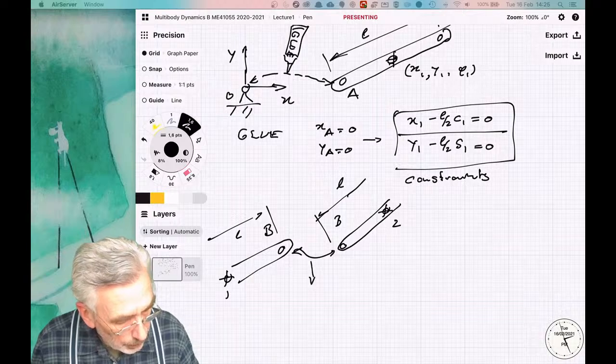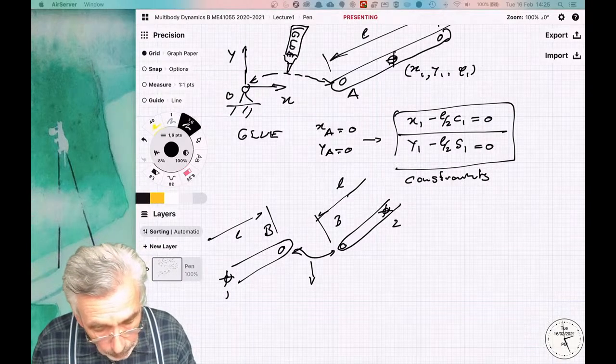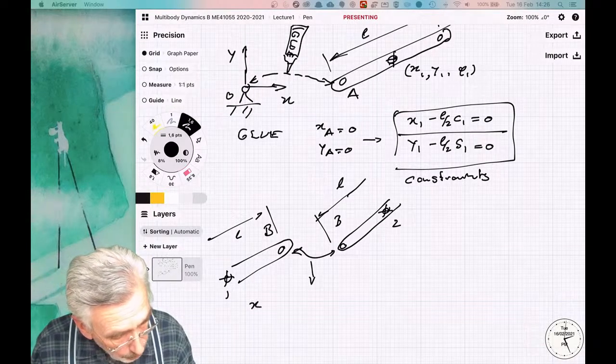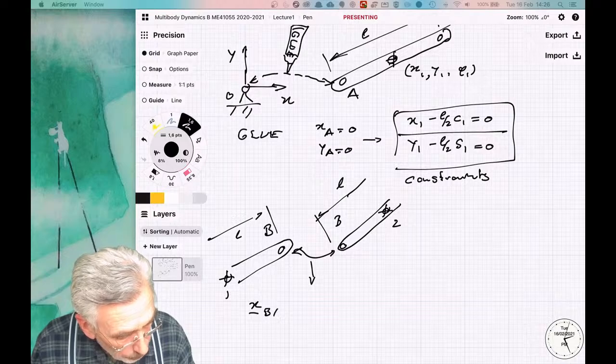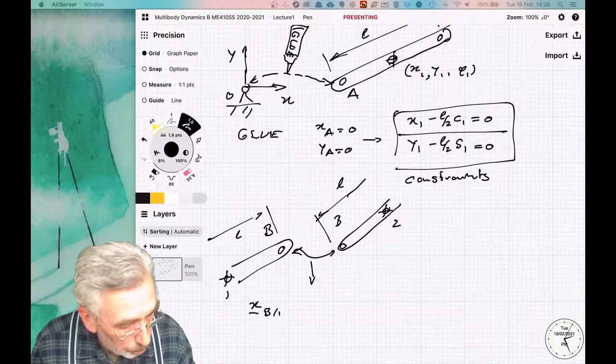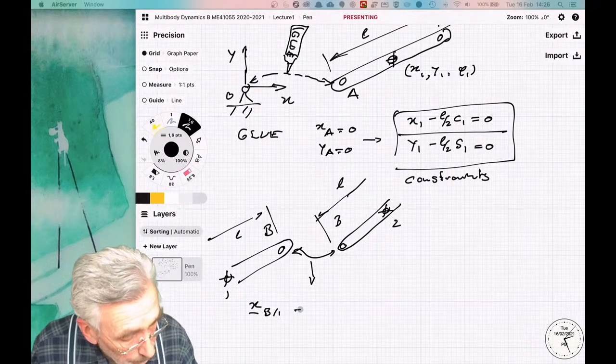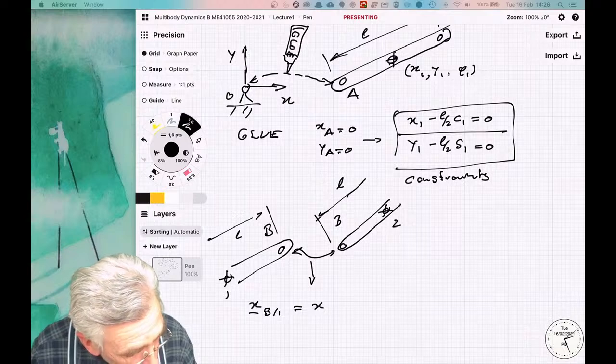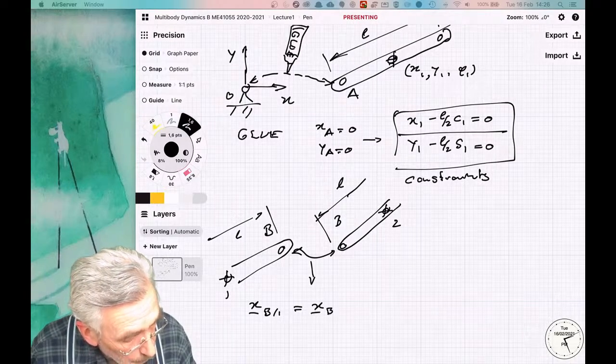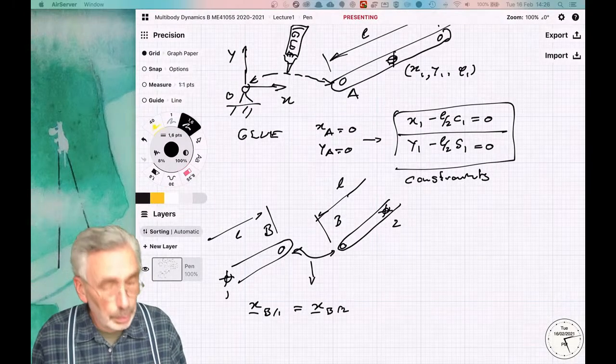And how do we glue that? Well, we can calculate what the position is of point B starting from body 1, and that should be equal to the position of point B when we start from body 2.